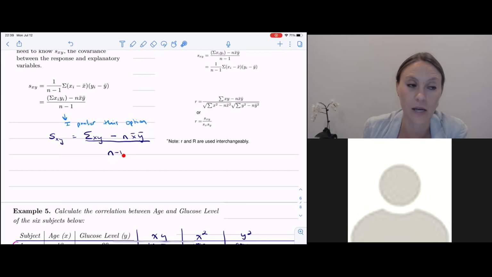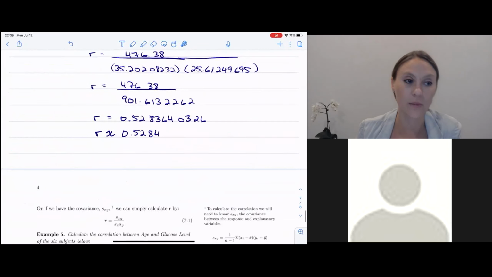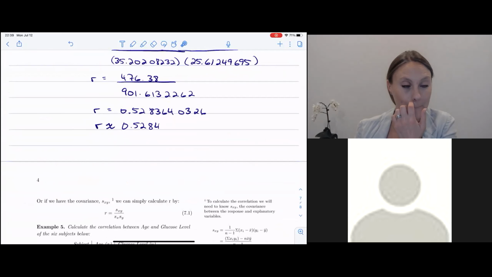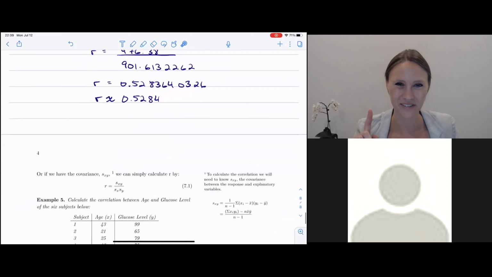You just have divided by n minus 1. So finding the covariance is a lot easier, right, than finding the correlation. So now that we've seen the correlation, you can handle this calculation as well. We're not going to do it together though, but I will make you do it later.